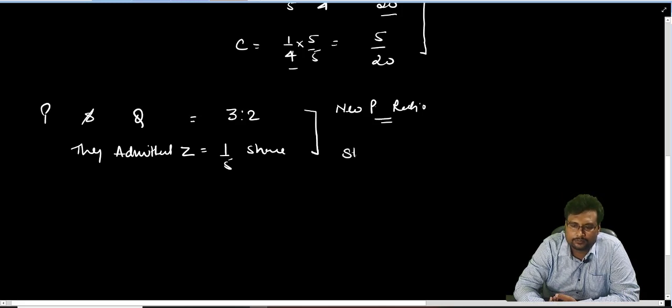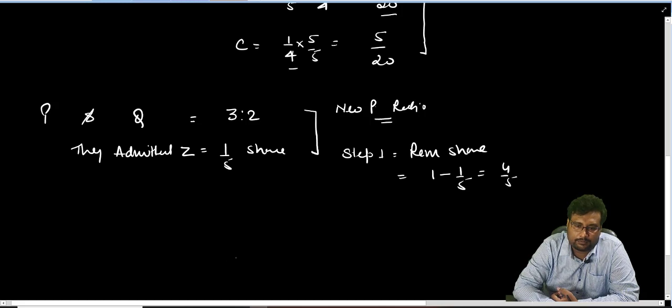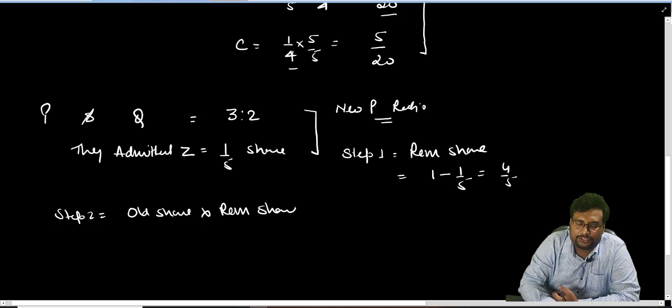So, step number 1. First, we have to find out the remaining share, and remaining share is 1 minus 1 by 5, which is equal to 4 by 5. Step number 2, beta: old share into remaining share.